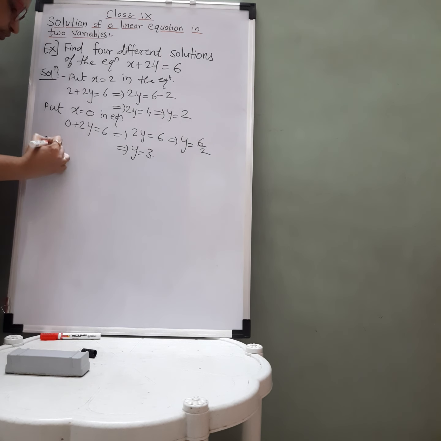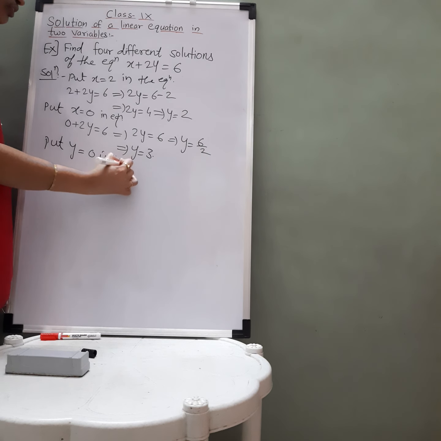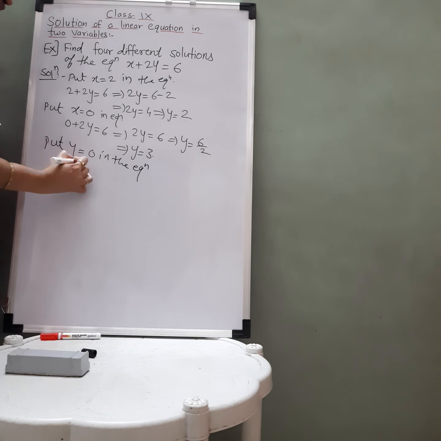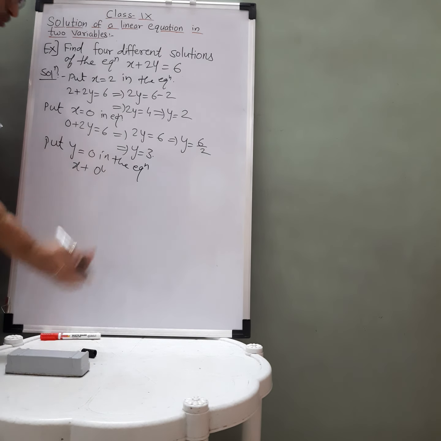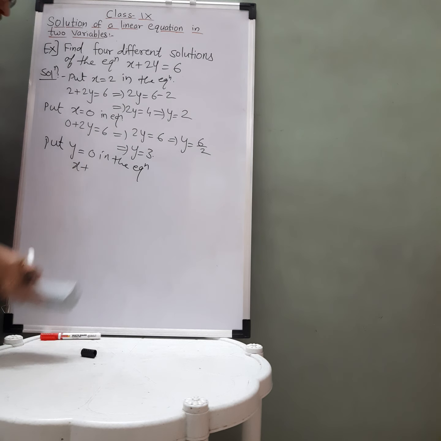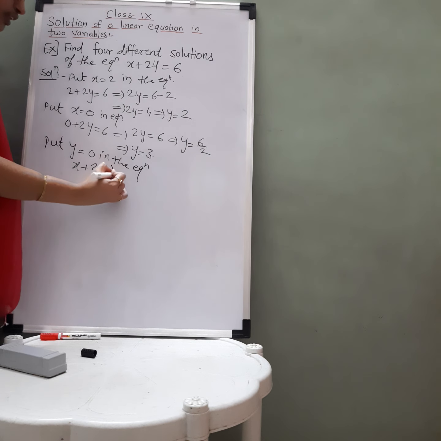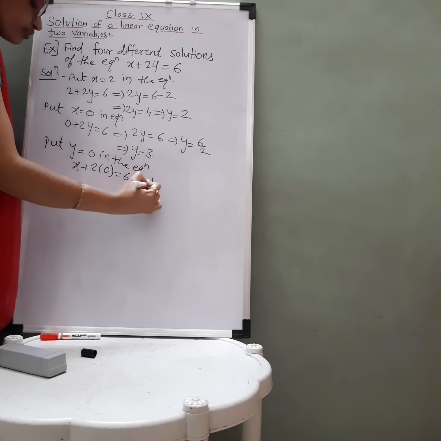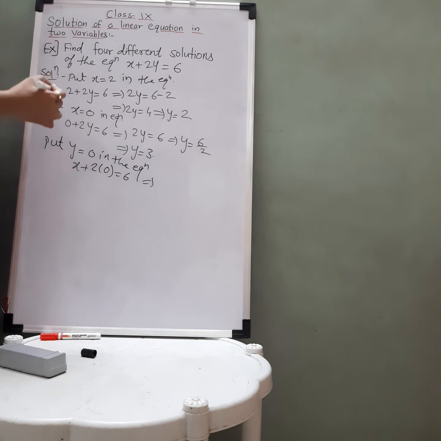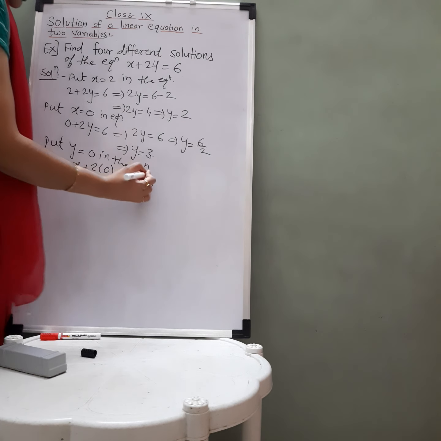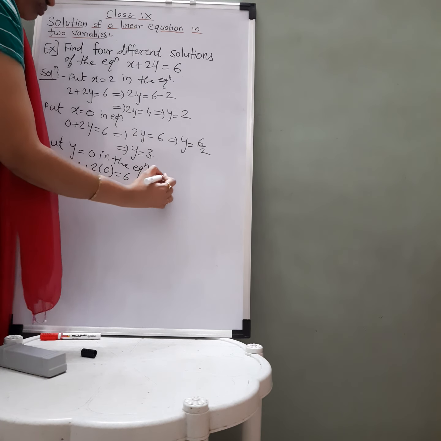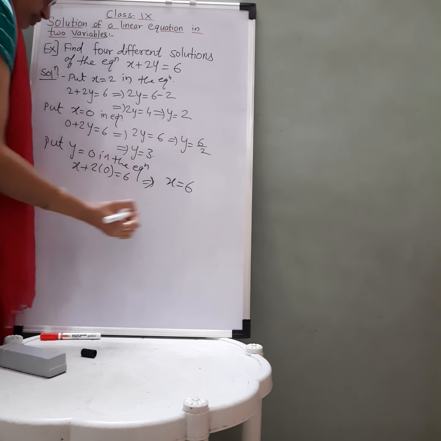If I put y is equal to 0 in the equation, then I will get x plus 2 into 0 is equal to 6. This implies 0 multiplied by any number is always 0, so x is equal to 6.